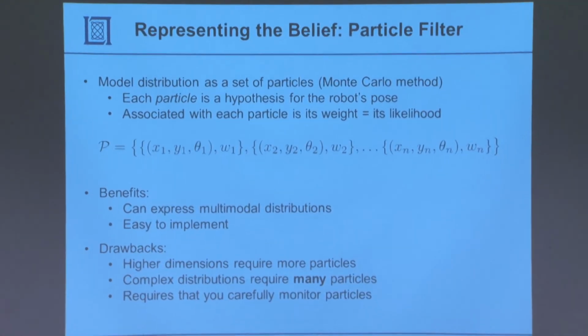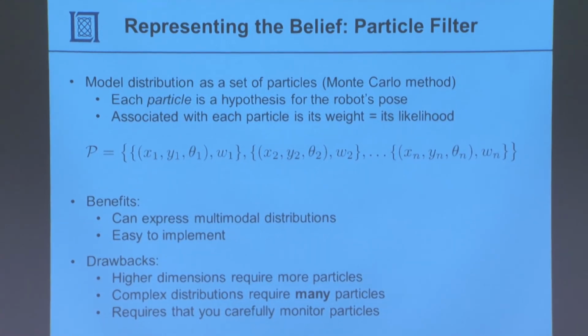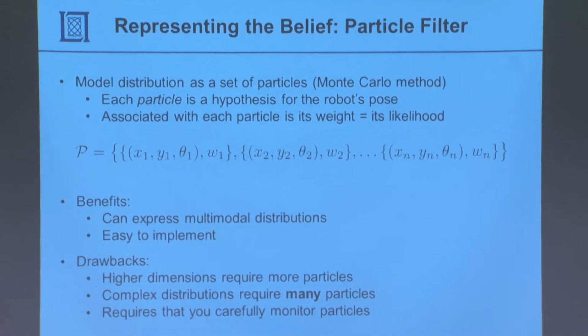So instead, another approach is to use a particle filter. So here we're not using an analytical function. We're instead going to represent our belief as a set of a large number of pose, or position and orientation, hypotheses. Instead of the smooth function, we now have a large number of different points in our space that could be possible locations of the robot.